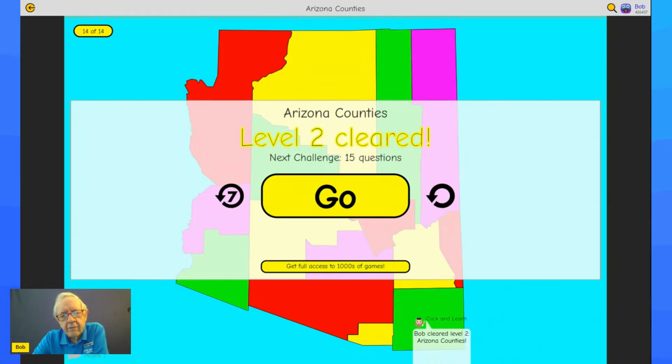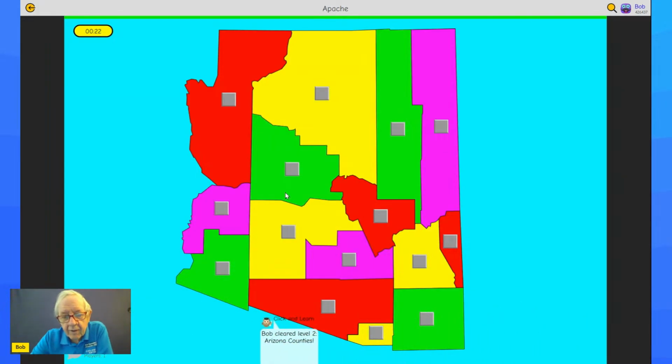There are 15 counties in this game, this level. It says down here at the bottom, player to level 2 of the Arizona counties. So now we've got all 15 on the screen.